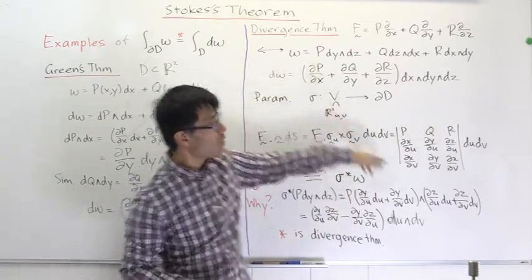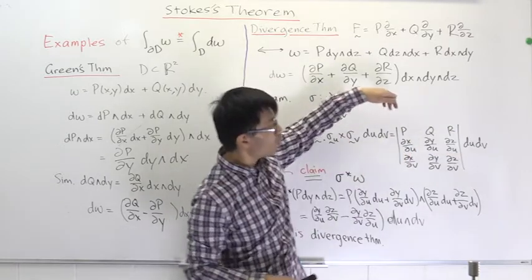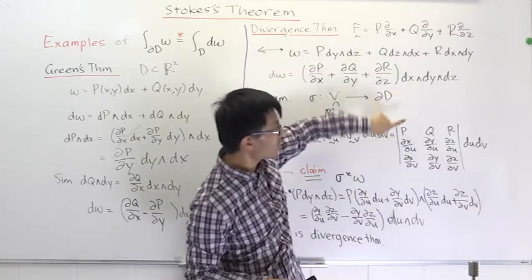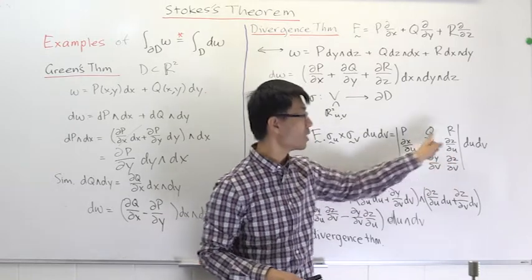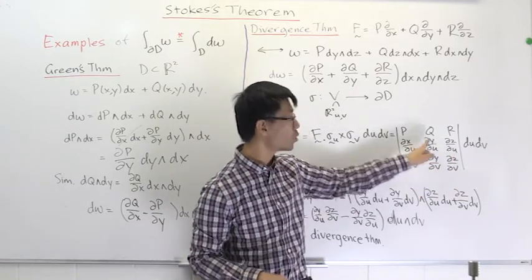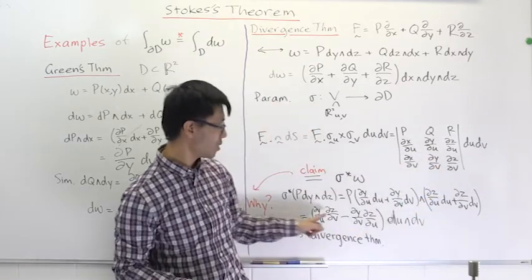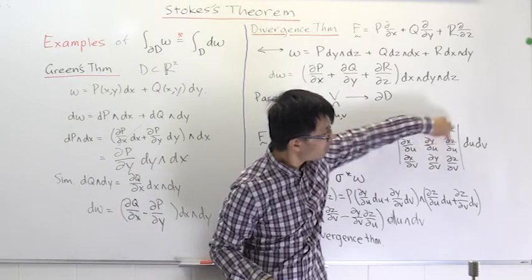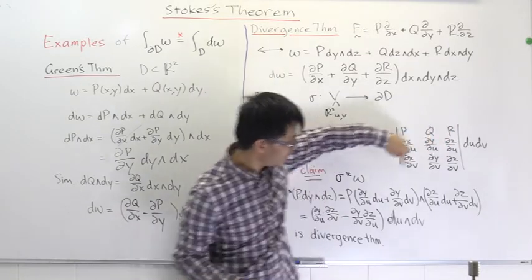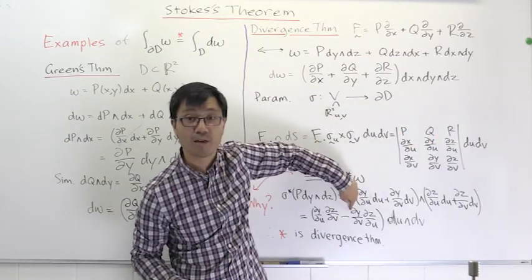Let's compute this 3 by 3 determinant. When you expand along the top row, what do you get? You get one term which is P times this 2 by 2 determinant here. And what is that 2 by 2 determinant? You get dy/du times dz/dv, which is this term here. And you also get this product here, dz/du times dy/dv.